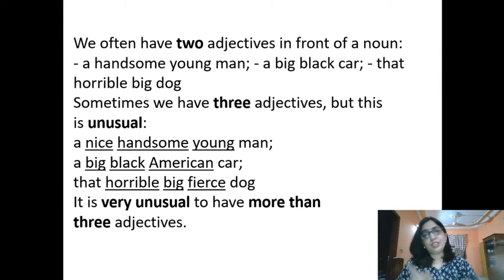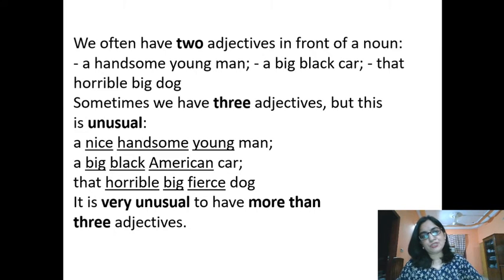A very important tip for you to master English language skills is, we often have two adjectives in front of a noun. Usually, a handsome young man, a big black car, that horrible big dog. Very rarely do we have three adjectives, and this is very unusual. As you start using more than two adjectives with a noun, you are only making a list of words, so your language becomes a little artificial.